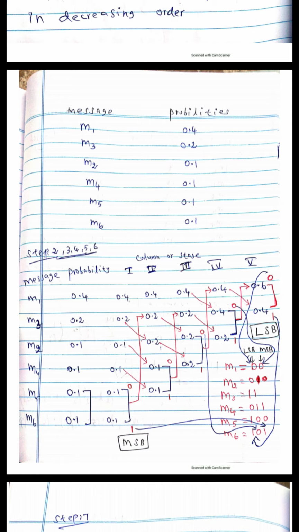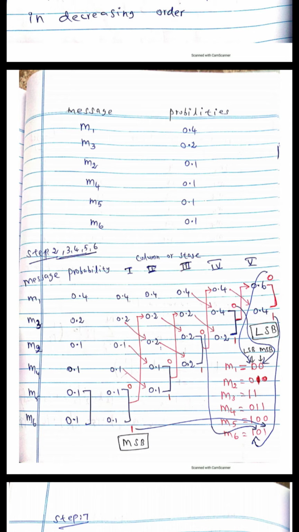So in column 2, first write m1 value 0.4 and the new value 0.2, then m3, then m2 and m4. The arrow indicates that.